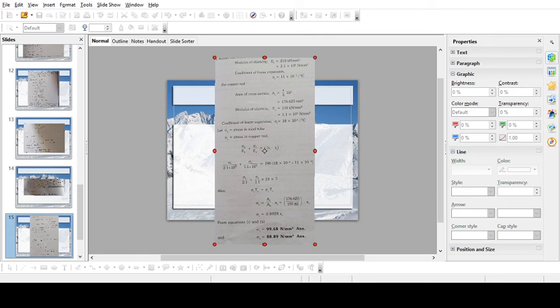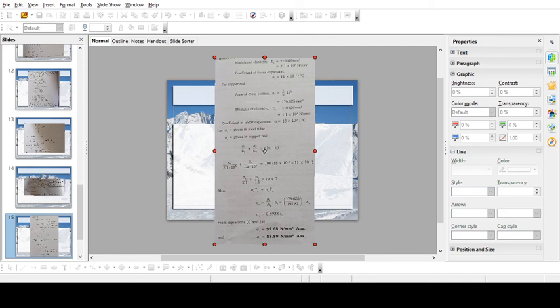By substituting one into the other, you will get the stress in the copper bar as 99.68 Newton per mm square, while the stress in the steel bar is 88.89 Newton per mm square. So this is how we calculate the values.